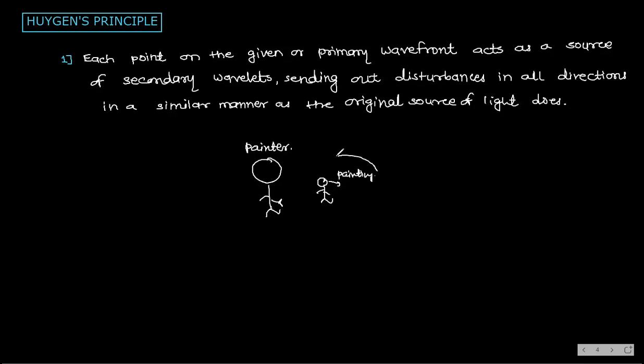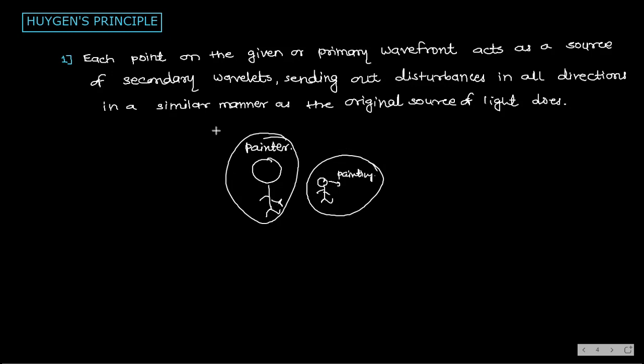Means what? This is a secondary source, suppose, and this is a primary source, or the primary wavelet or wavefront. The points on that secondary wavelet will also do the same work as the original source was doing.